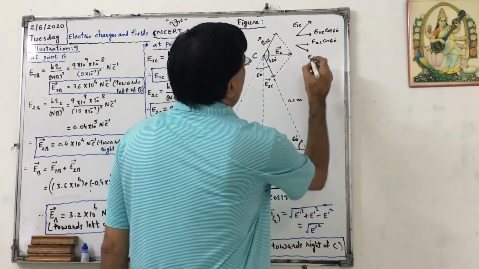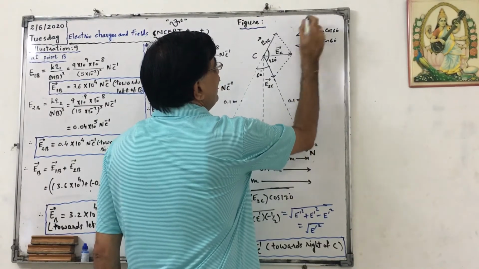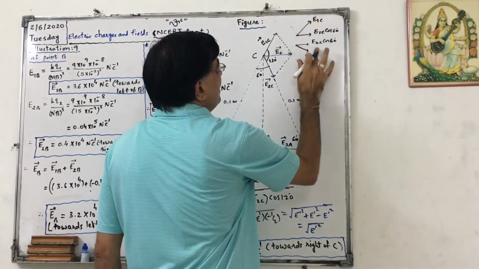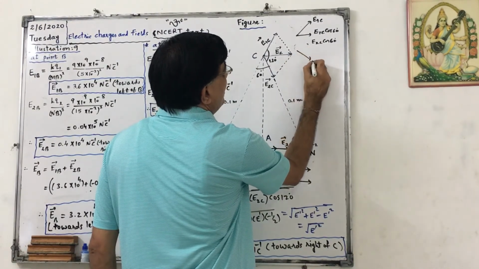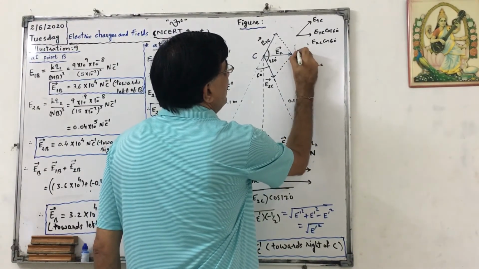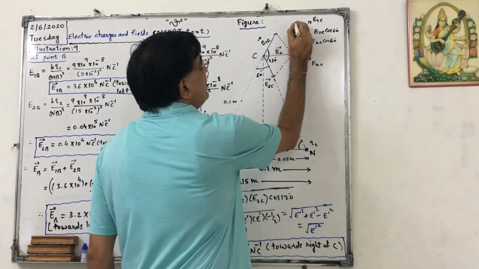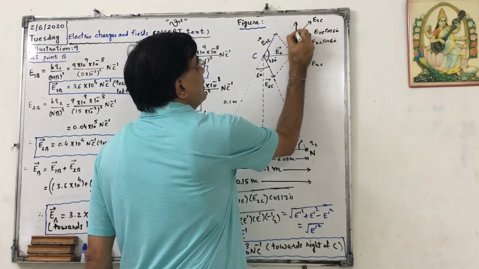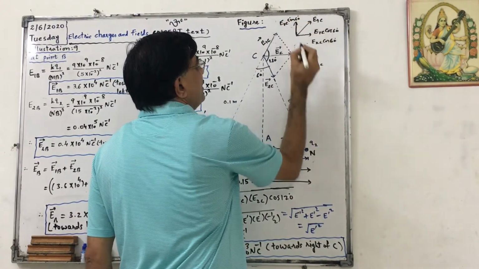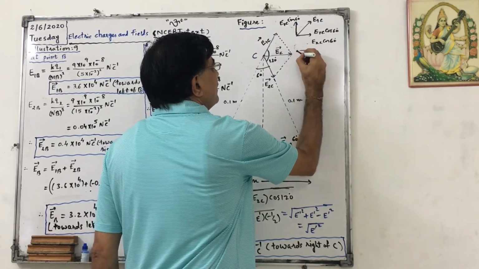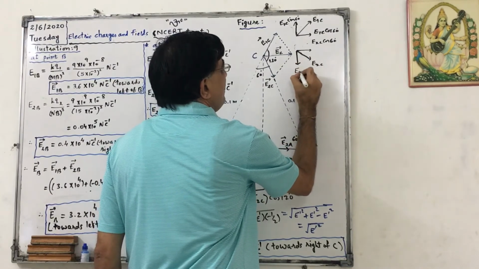So EC will be equal to... The sine components will be cancelled. Suppose this is E1C, this is E2C. Then the X components will be added, but the sine components, this is E1C sin 60 and this is E2C sin 60, they will cancel each other.